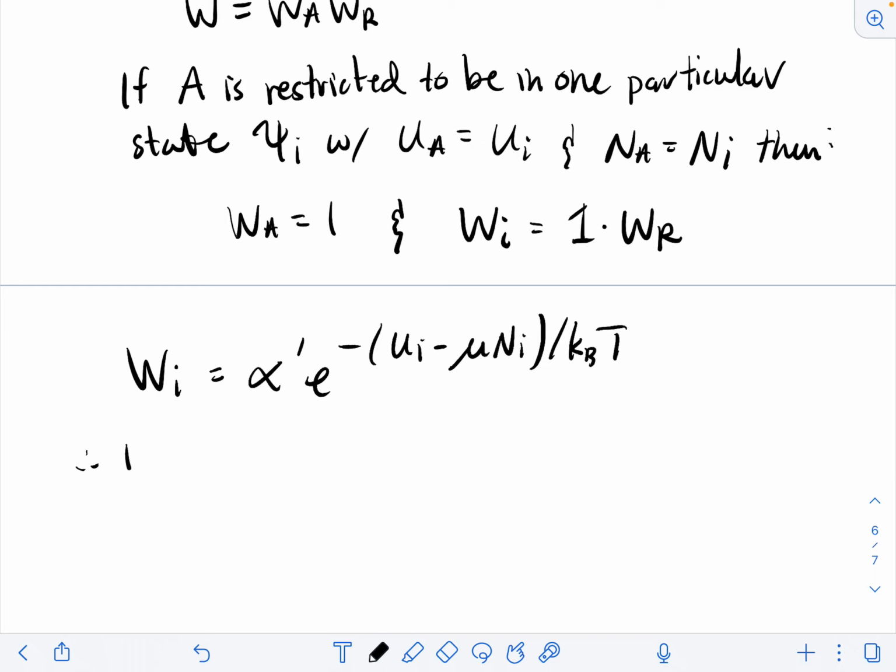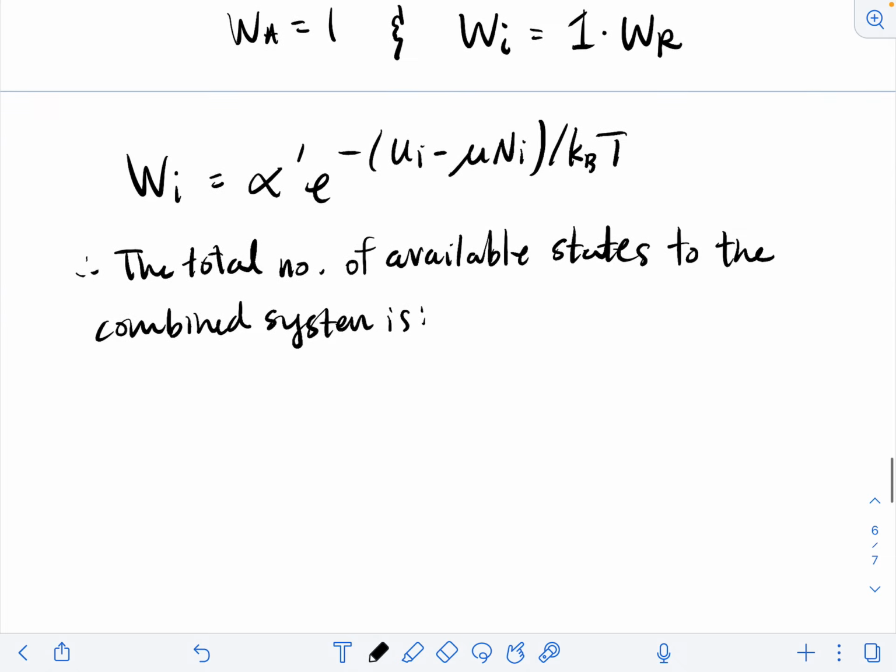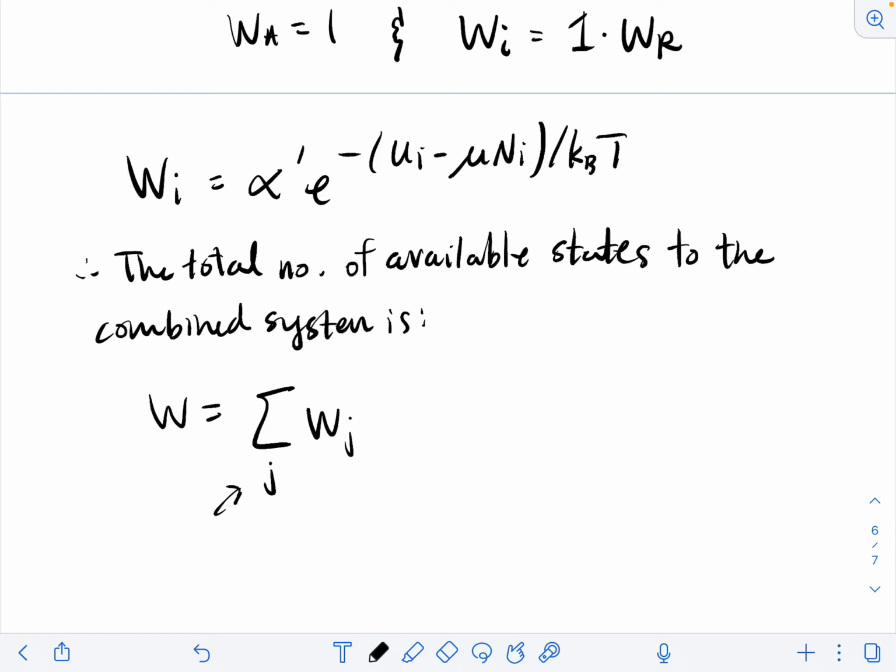So the total number of available states to the combined system is, we sum over all of the possible states of system A. So this is a sum over all possible energies and all possible particle numbers.